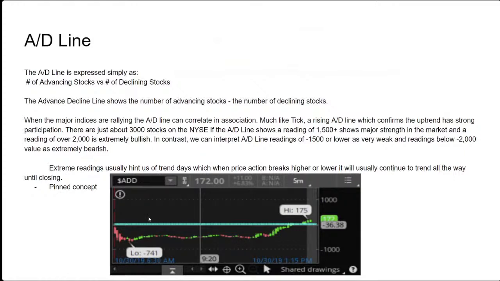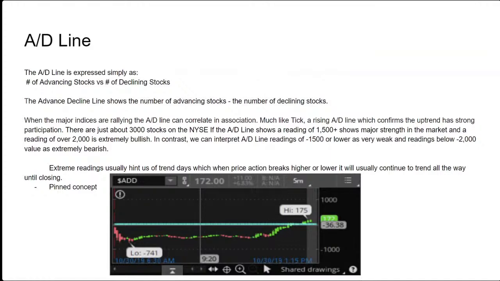Now, if we have a recovery and reversal on advanced decliners, let's just say we have negative 1,000 and we're pretty heavy, but all of a sudden we catch a bid, we have some big players. Let's say we go to a very key level on the market, and maybe that triggers a long trigger for some funds to step in.